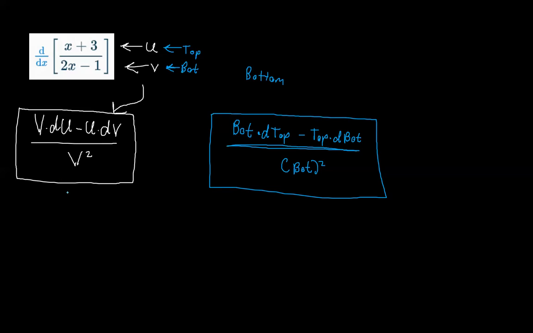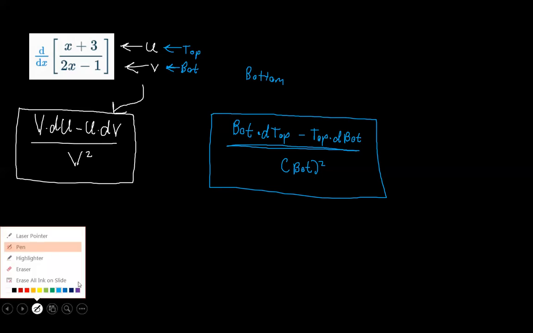You can use this as most calculus lessons taught you, where your u is the numerator and your v is the denominator, or you can use this one, which in my opinion is simpler, because you can exactly tell which one is from the bottom and which one is on the top. So it's up to you guys.